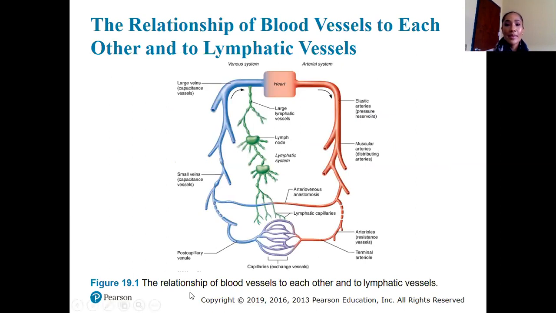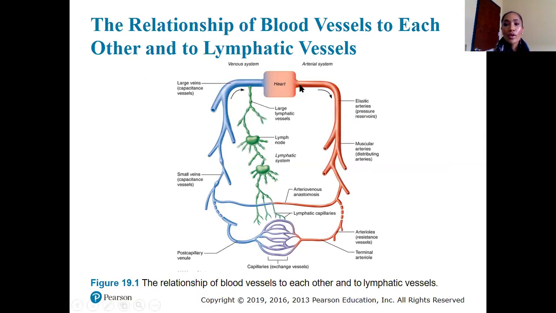So here we have an overview of the relationship of blood vessels to each other and to the lymphatic system. If this is our heart here, our arterial system is going to carry oxygen-rich blood throughout the systemic circuit to all of our organs. Arteries will branch off, so they'll go from very large structures into smaller structures.